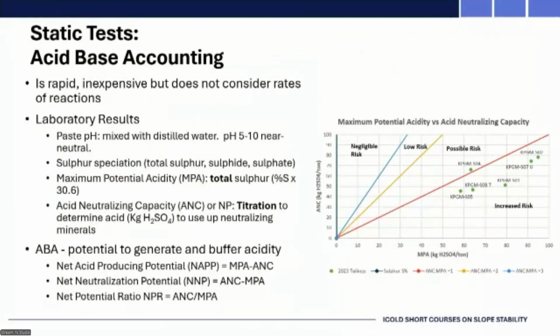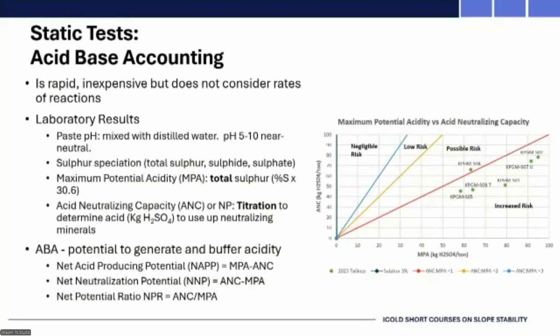Basically, the lab gives you the paste pH and the sulfur speciation, so you want to know what's total sulfur as opposed to total sulfide from total sulfates. And then from that, you can work out your maximum potential acidity, which is basically the total sulfur times a factor of 30.6.